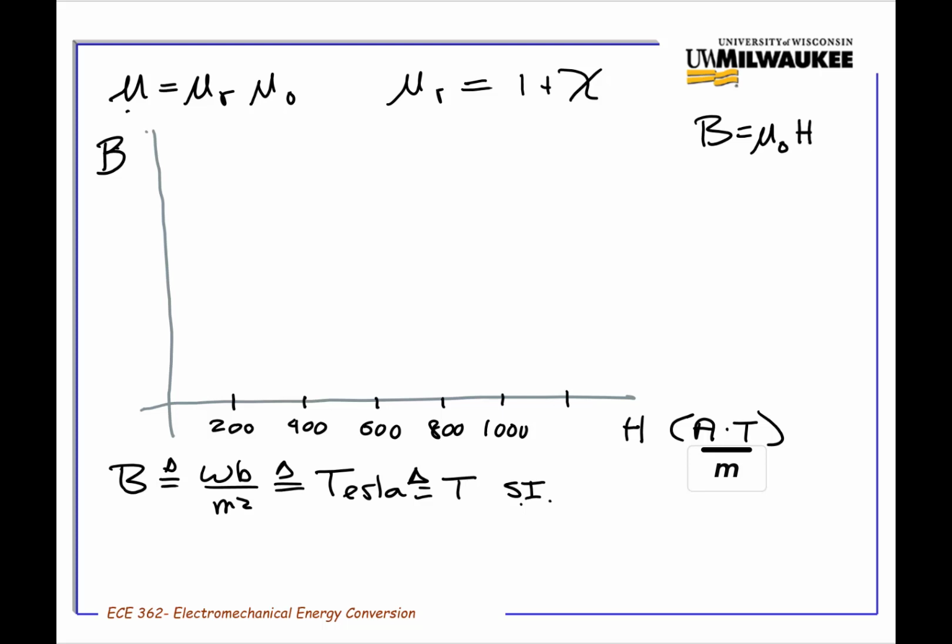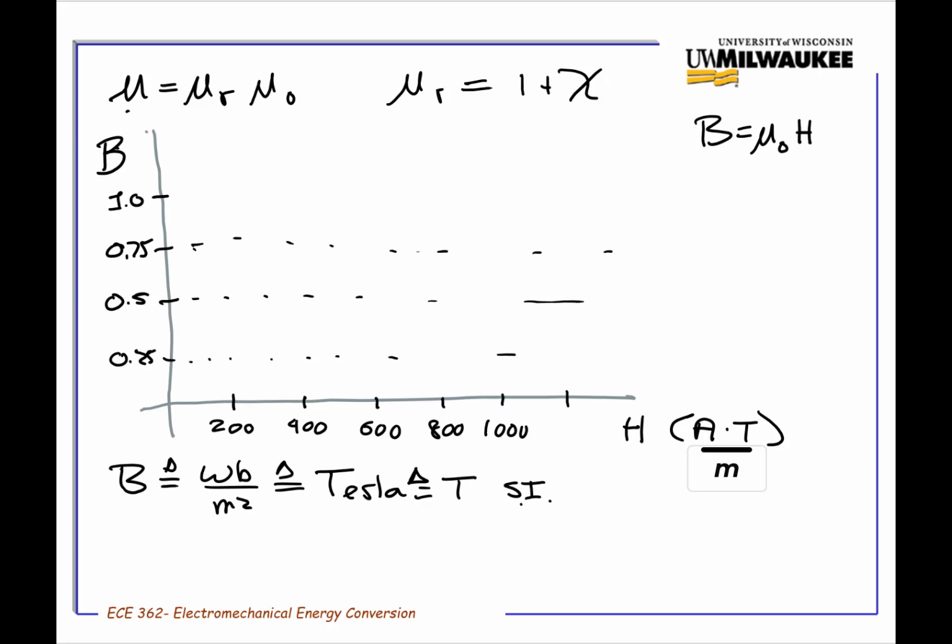Now, if I were to consider the flux density in air, it would be B equals mu naught times H. And what I would end up getting in Teslas is 0.25 Tesla, 0.5 Tesla, 0.75, and 1 Tesla.